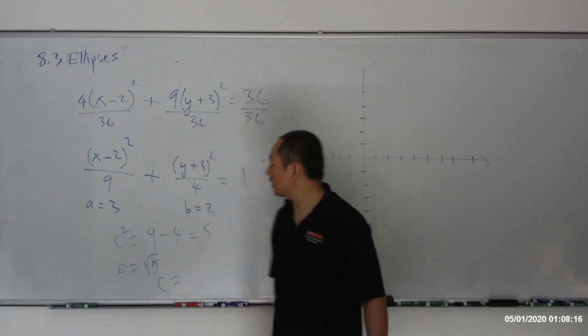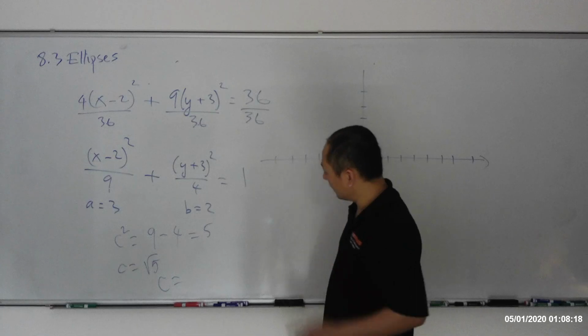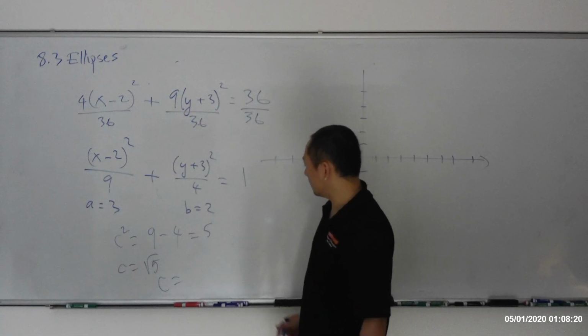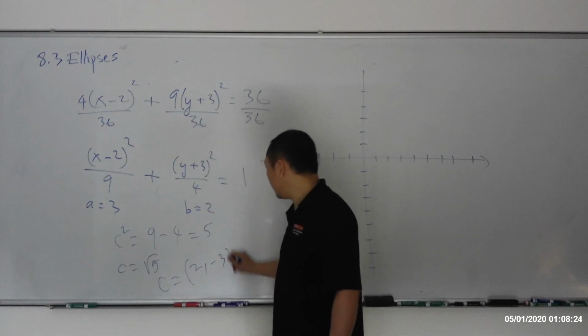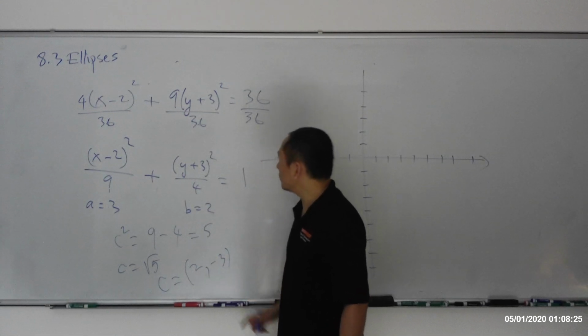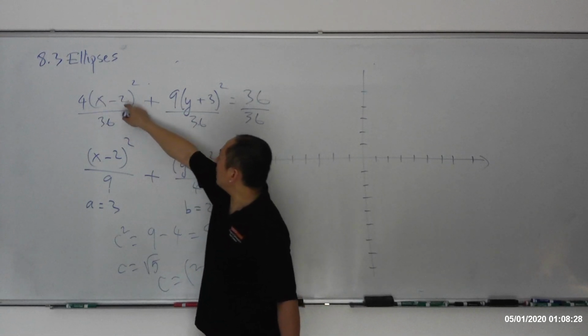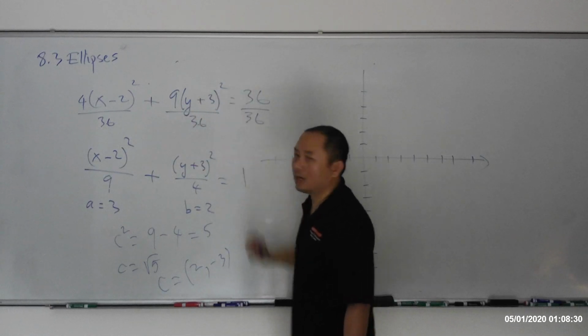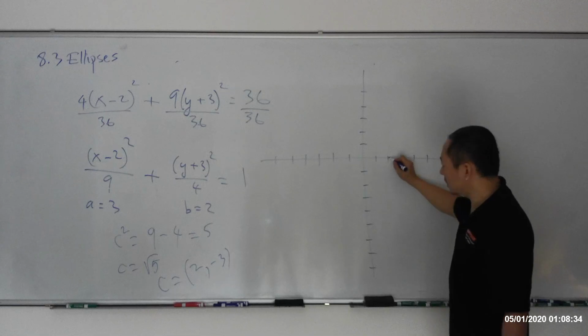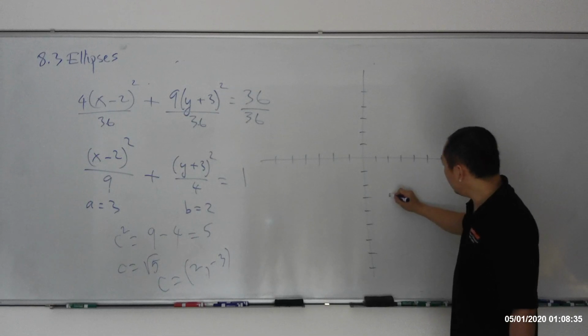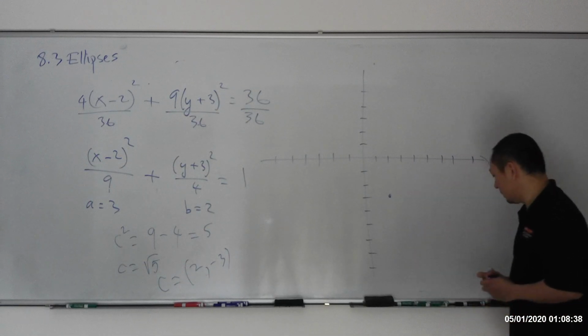This is small c for the coordinate of the focus. Big C is what? 2, -3. You guys see where I got those two numbers from? X minus H, Y minus K. So H is 2 and K is -3. So we start with the center, 2, -3. Right here. This is the center of the ellipse.